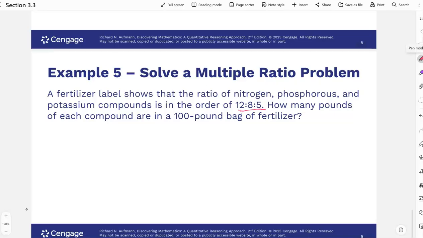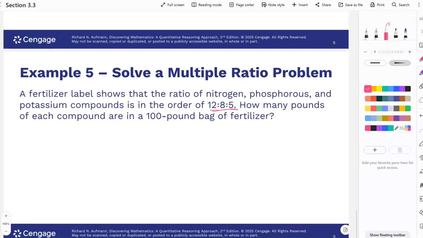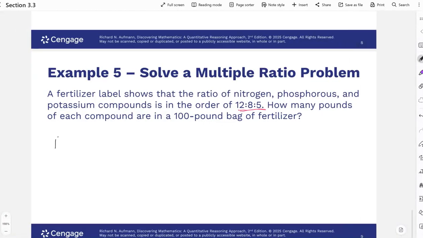It's a 12 to 8 to 5 ratio. So the number of total parts would be 12 plus 8 plus 5, which is 25. So out of those 25 parts, we would expect 12 of them to be nitrogen, 8 to be phosphorus, and 5 to be potassium.